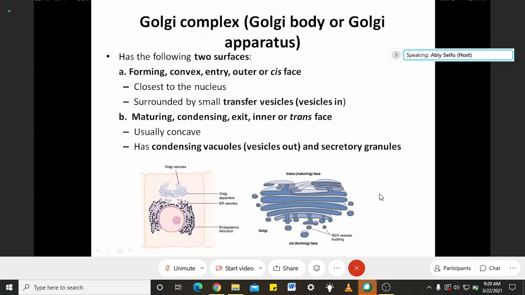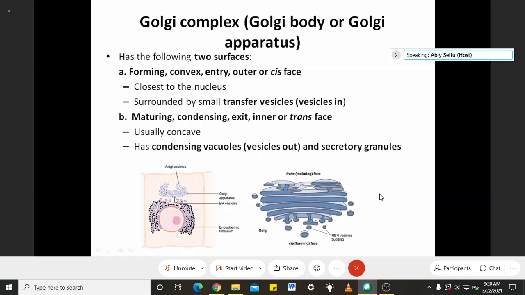Once substances, proteins, steroids are produced in the endoplasmic reticulum, they would be wrapped by membrane, forming transfer vesicles like here, which are transported towards the Golgi complex.